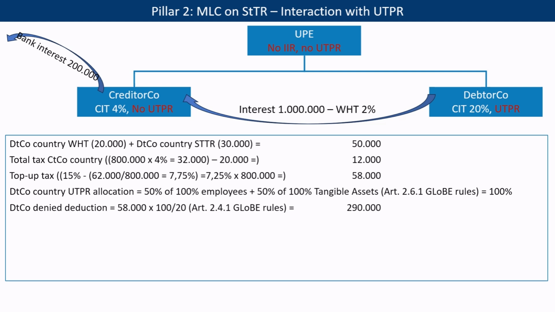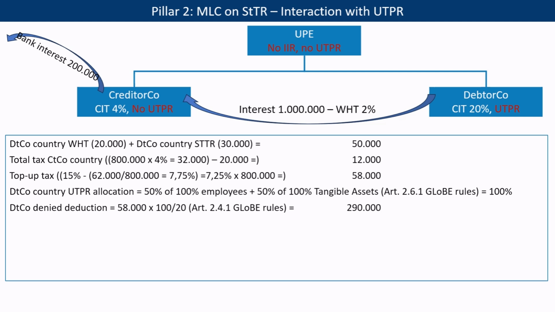And now remember, the UTPR works a little differently, right? Because the top-up tax, which should have been collected by the UPE, was 58,000. The UPE did not collect it. Now, in order to come to 58,000, we need to look at the effective tax rate of debtor-co country, which is 20%.